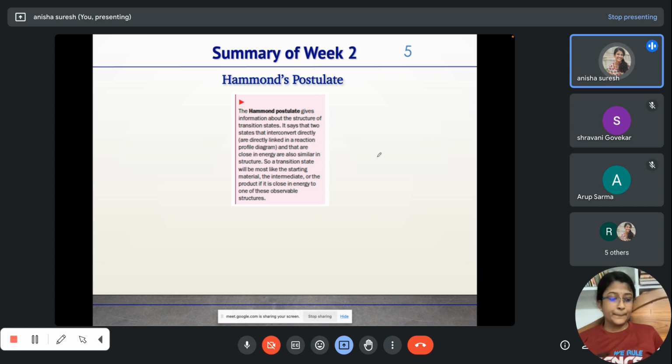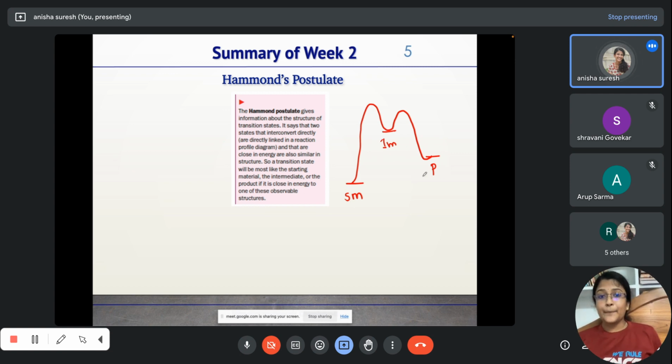If we consider a reaction profile, like this is the starting material, this is the product, and this is the intermediate. Here the intermediate will resemble the product because the product is closer in energy to that of the intermediate, so the structure of the intermediate will be similar to that of the product.